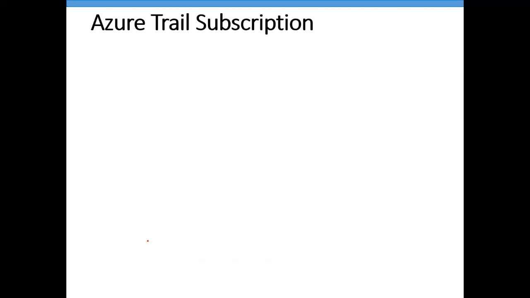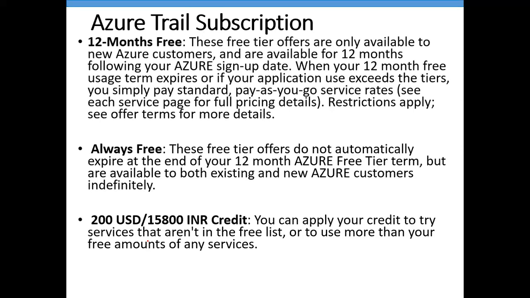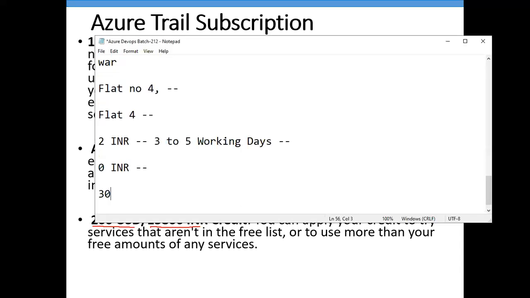And what we are getting in that free trial subscription, we are getting some credit from the Azure side. The credit, in Indian rupees, is 15,800. In US dollars, you will get 200 US dollars. It means when you create your Azure account, for the first 30 days, you have a credit of 200 US dollars, or I can say around 15,800 INR.